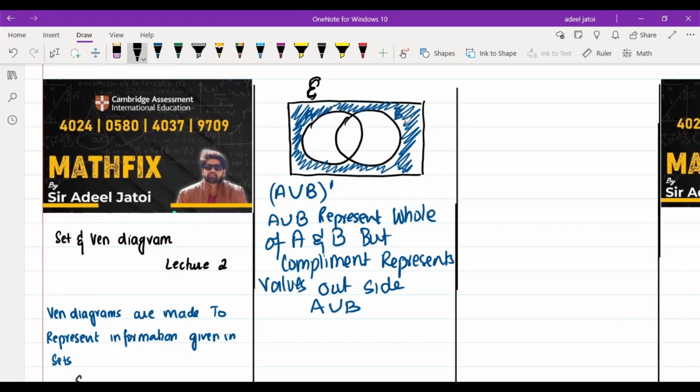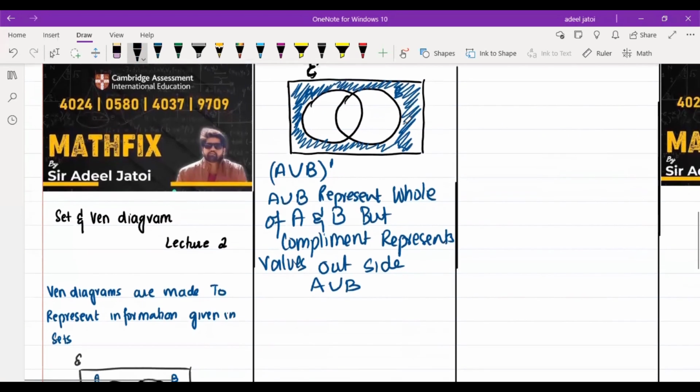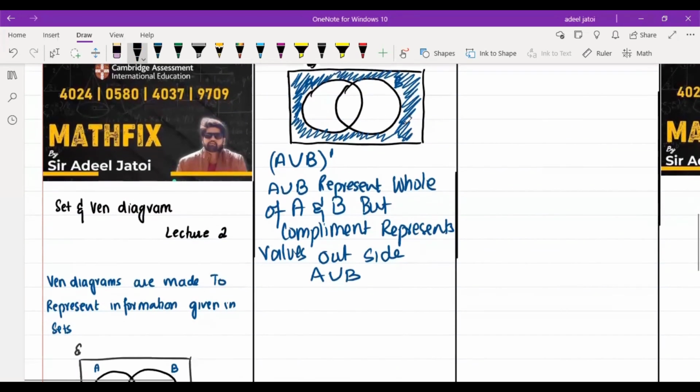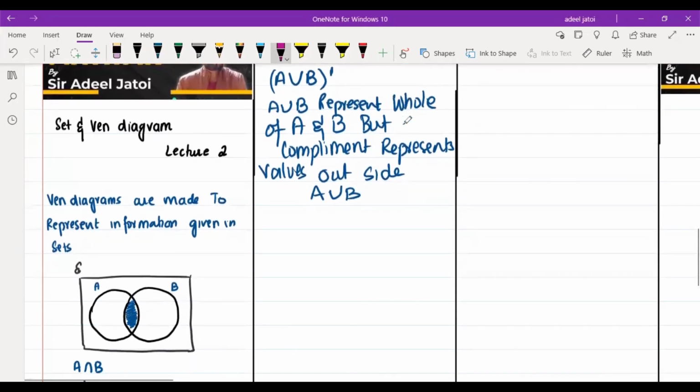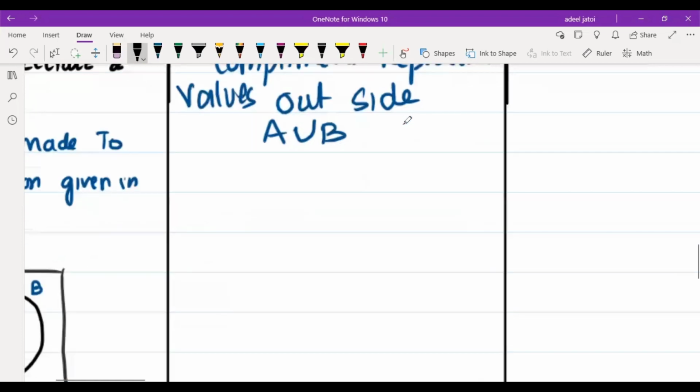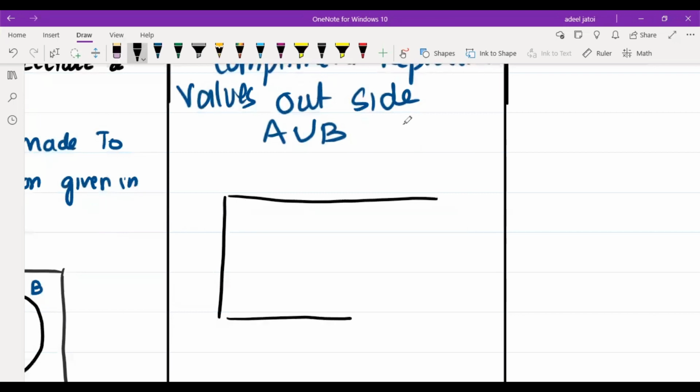Then what do we have? We can always write down, let's say we have a rectangle again. With the help of the rectangle, this represents the universal set.